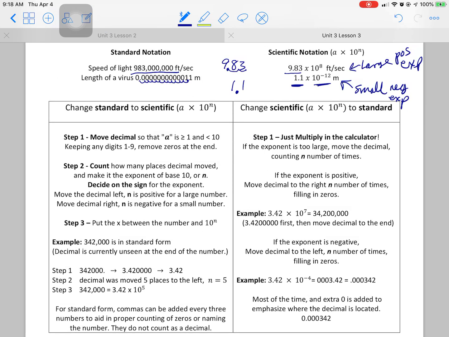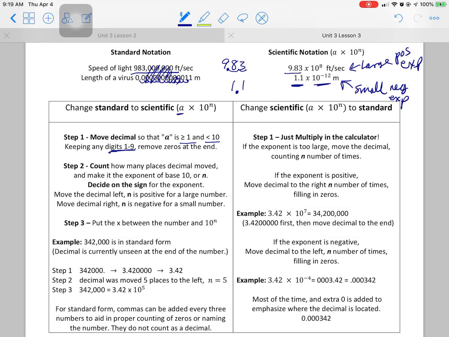So step 1 is to move the decimal so that A is greater than 1 and less than 10. In other words, we need one digit on the left side of the decimal. And then you cut off all these extra zeros that are after or before.